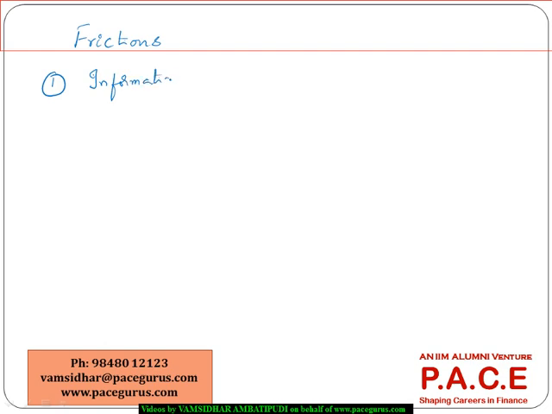Sometimes what we see is, information wise, the borrower is expected to have more information than the lender. The borrower knows for what purpose he is putting that borrowed money, and how he is going to benefit out of that particular transaction. So it is always believed that the borrower will have more information compared to a lender.